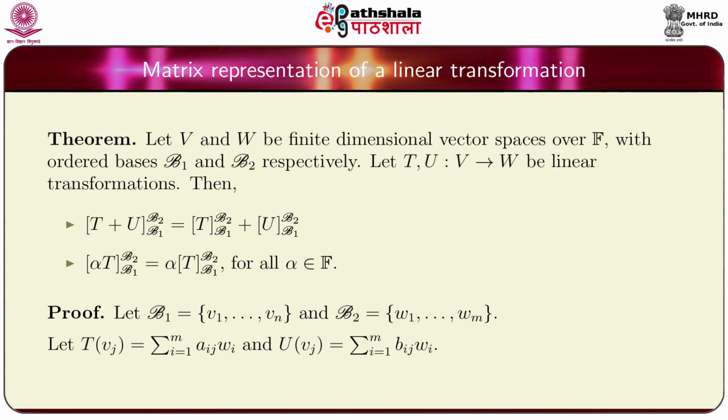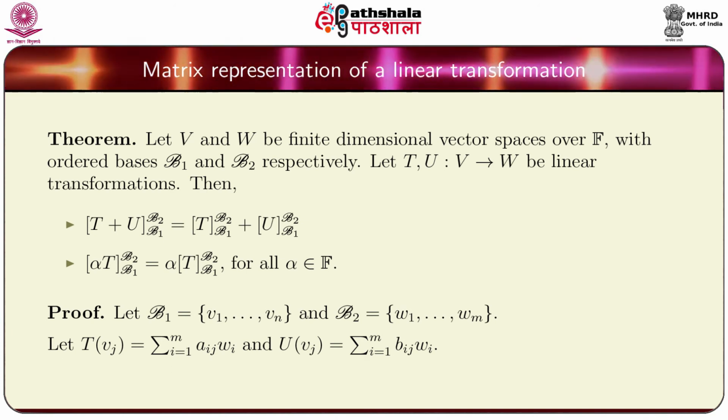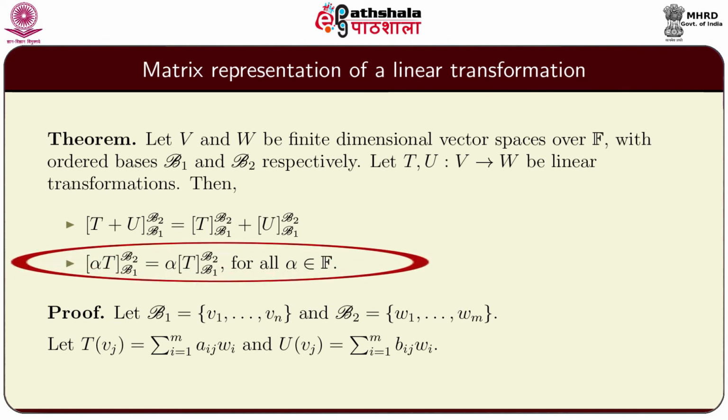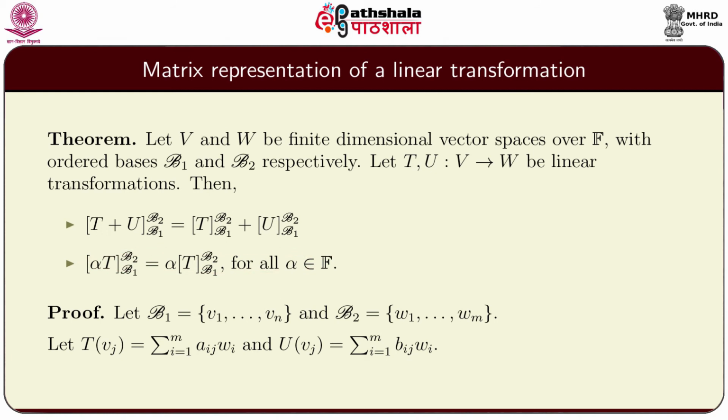That plus is the matrix addition, and the matrix representation of the linear transformation alpha T with respect to B1 B2 would be alpha times the matrix representation of T with respect to B1 B2, for every scalar alpha. How to prove this statement?